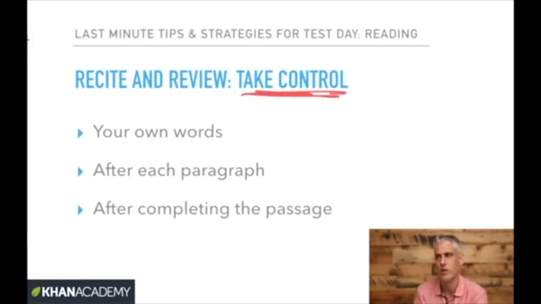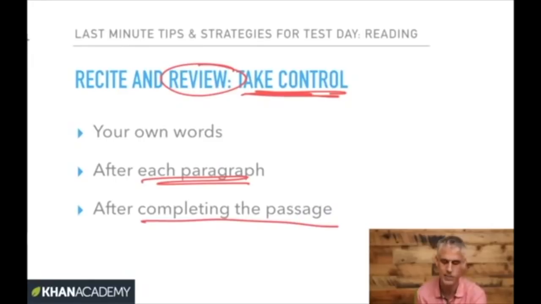So you don't find yourself reading the second paragraph and realizing you have no idea what the first paragraph was about. It happens to many people, especially on test day. The more you're able to rephrase it as you go along after every paragraph, and then finally the review part after completing the passage, the more you'll be set up to answer the questions correctly.